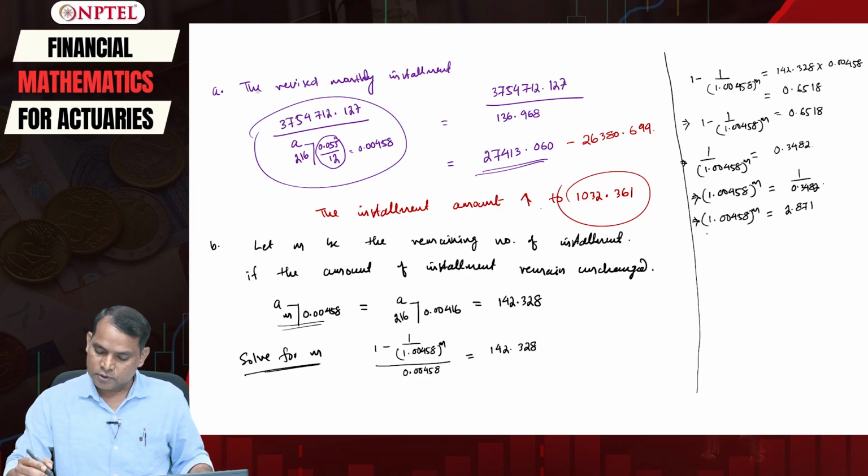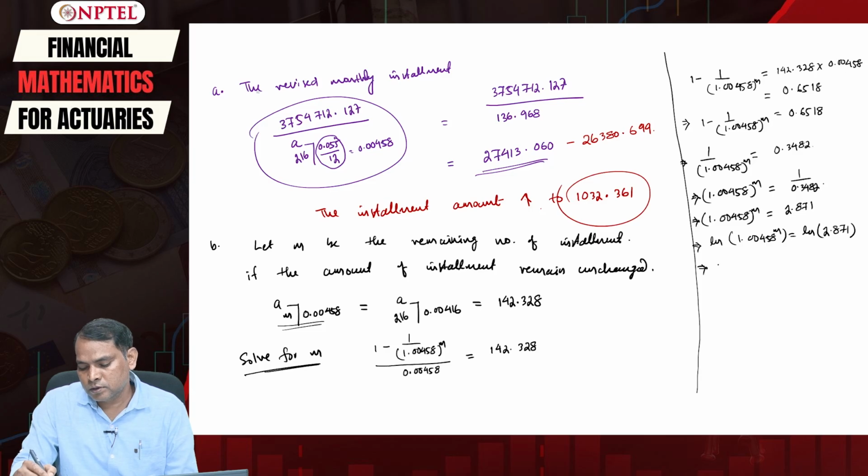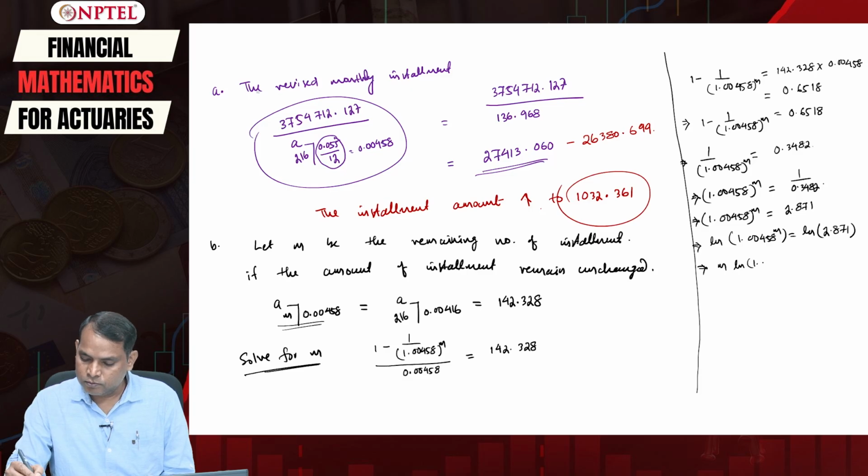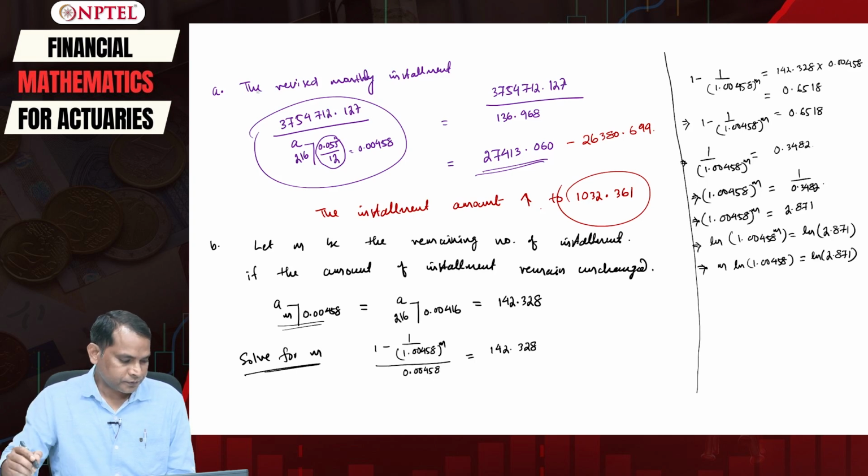Using the logarithmic formula, we will have M log of 1.00458 is equal to log of 2.871.